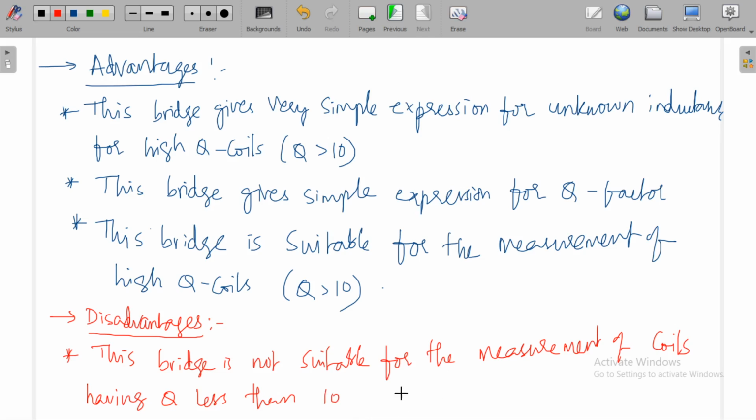If you want to measure coils with Q less than 10, it is better to use Maxwell's inductance capacitance bridge. It is used for the measurement of medium Q coils, that is, Q greater than 1 and less than 10.